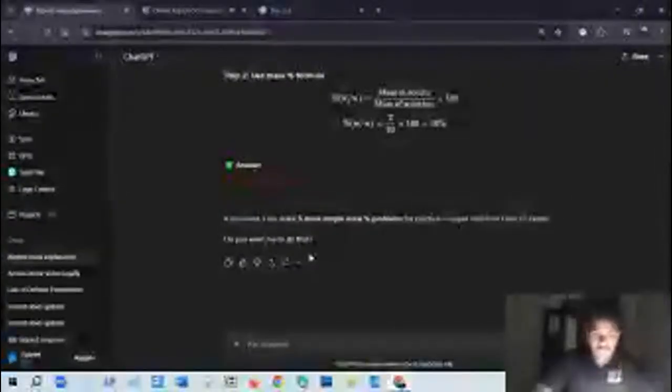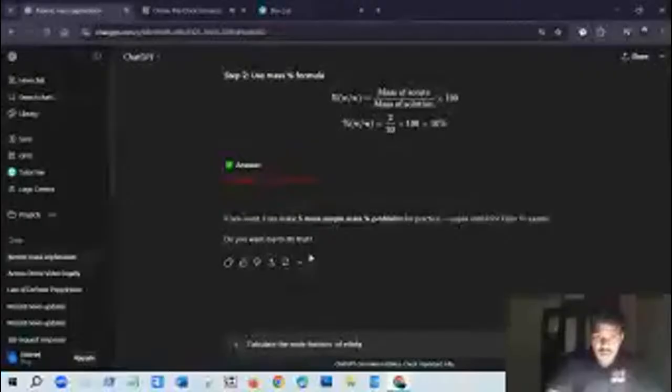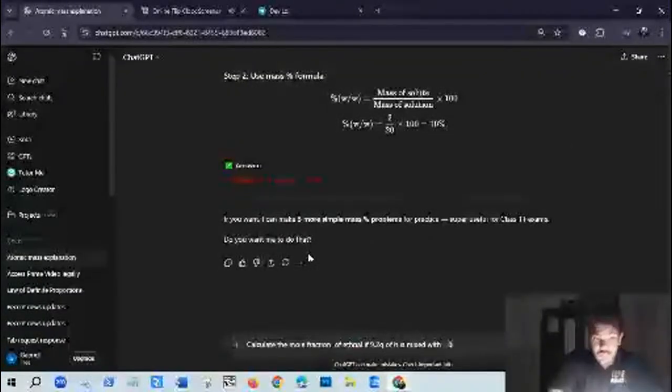Let's calculate the next one. Calculate the mole fraction of ethanol if 9.2 grams of it is mixed with 1.8 grams of H2O.